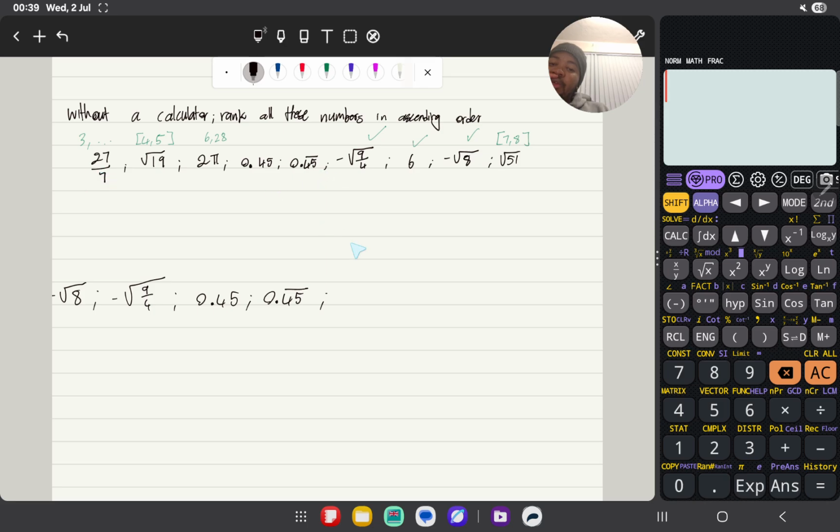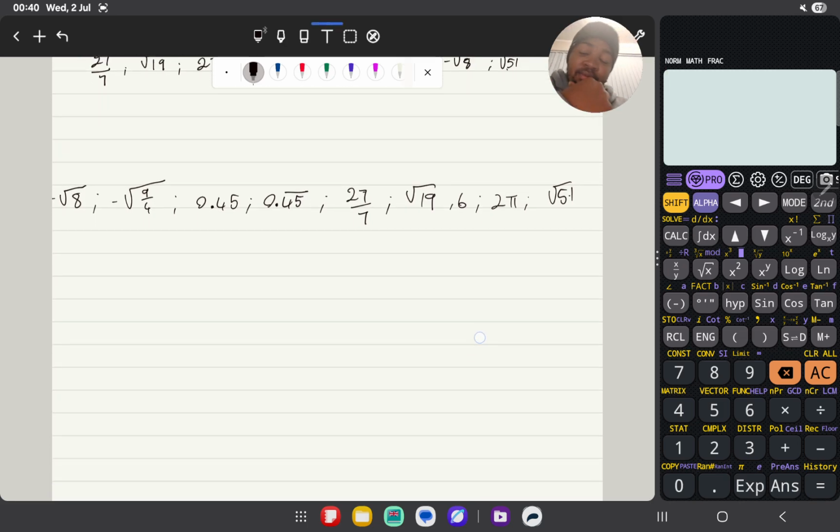So we go here 27 over 7, and then square root of 19, and after square root of 19 we have 6, then we have 2 pi, then we have square root of 51. I just want to see if we have everything. 1 2 3 4 5 6 7 8 9. Yes, we're done.